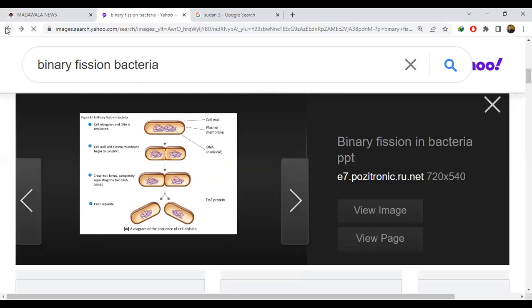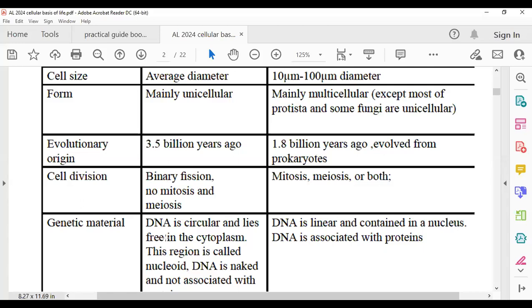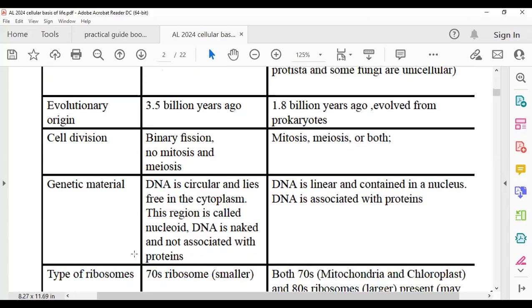So that is the idea behind cell division. Thereafter, genetic material. If you take the prokaryotic genetic material, it is described with this word, my children.